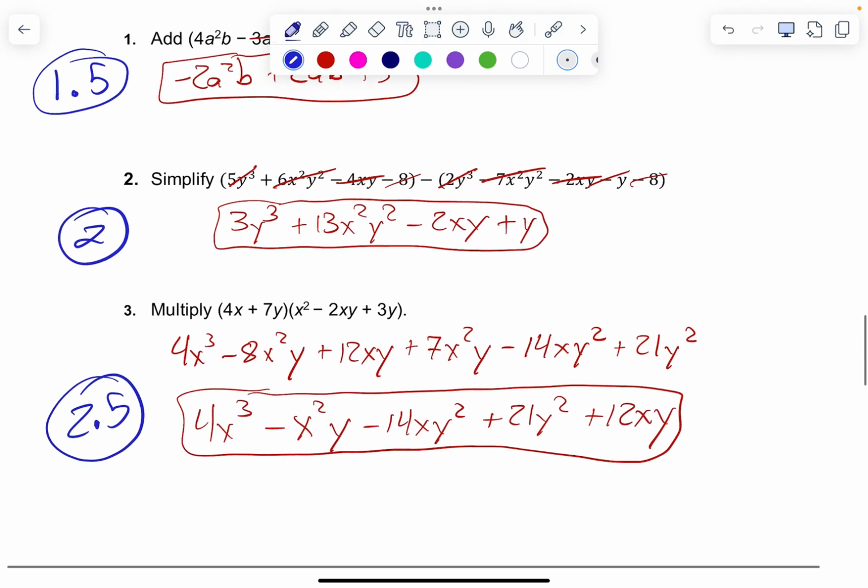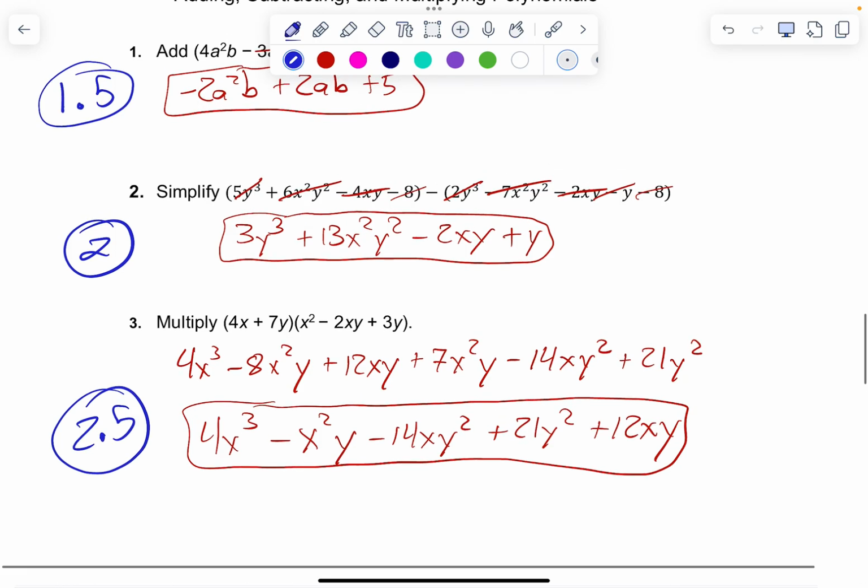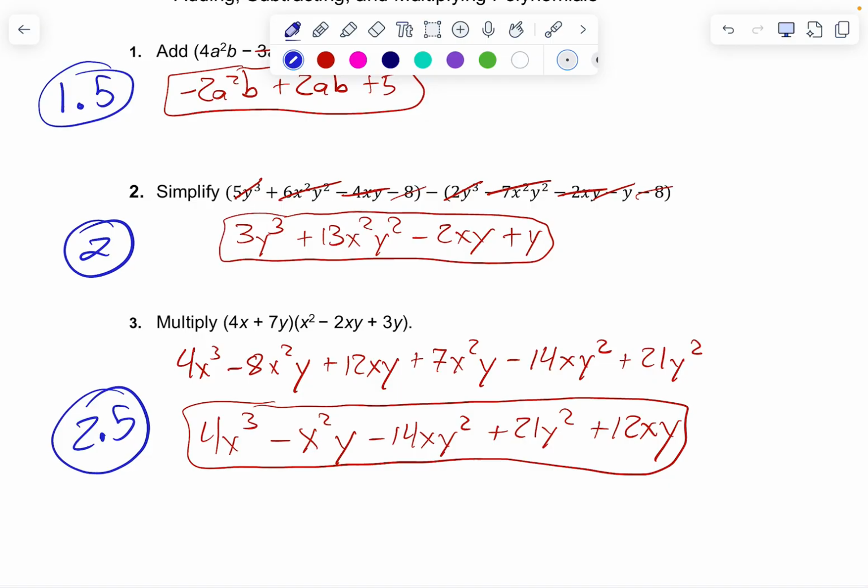Next one, I'll just leave them up here for a second while you check. Again, half point per term on number 3. And the sign is included with it.